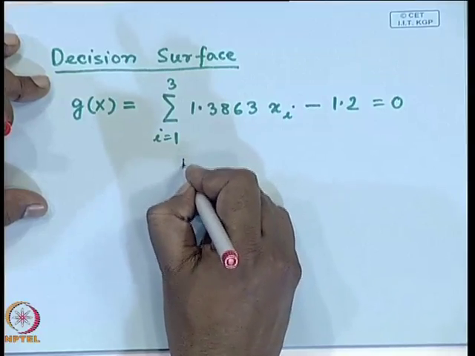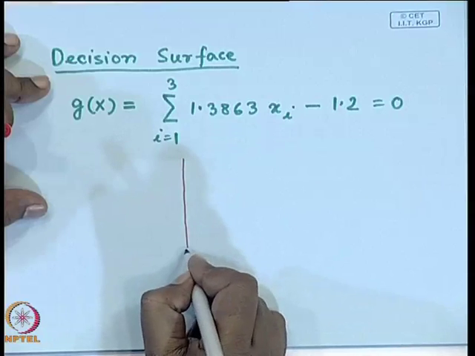It can be either 0 0 0 or 0 0 1 or 0 1 0 or 1 0 0 and so on. So if I try to plot this decision surface, it will be something like this.